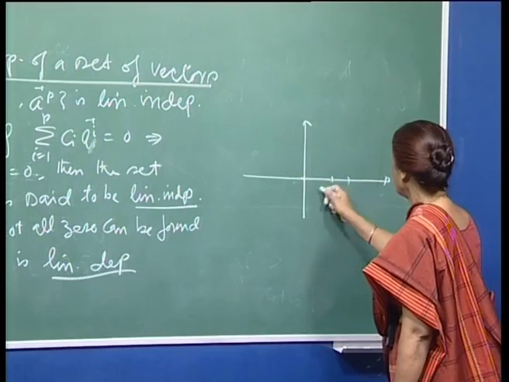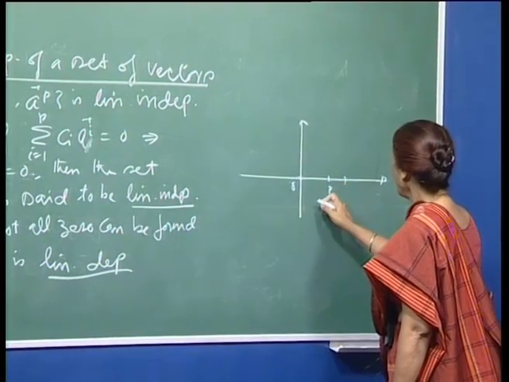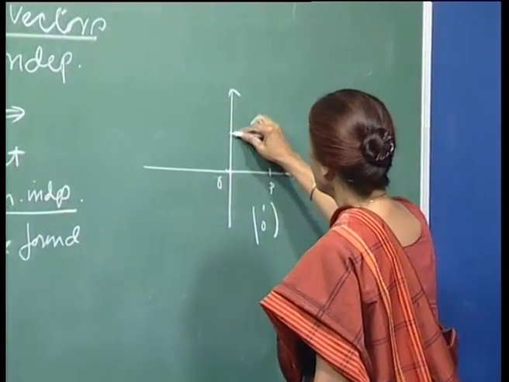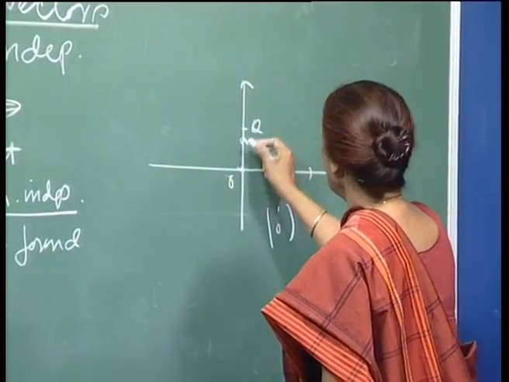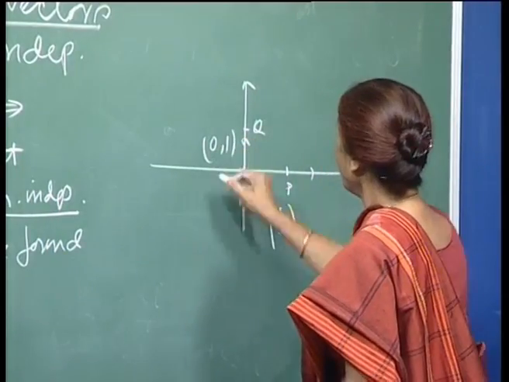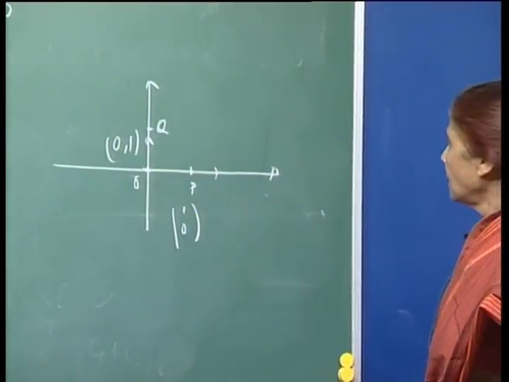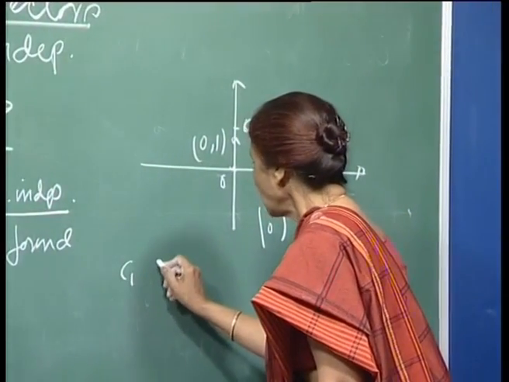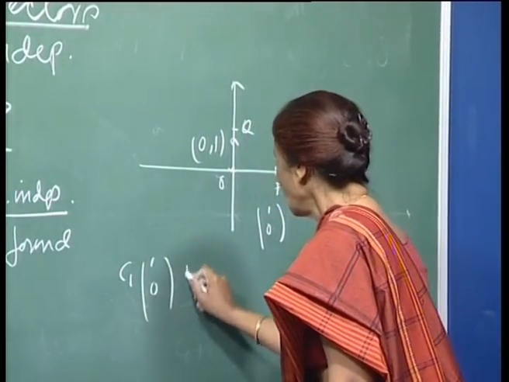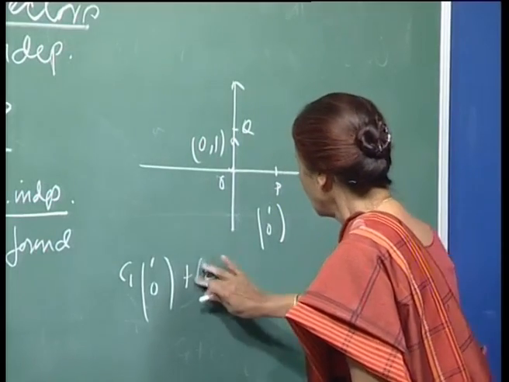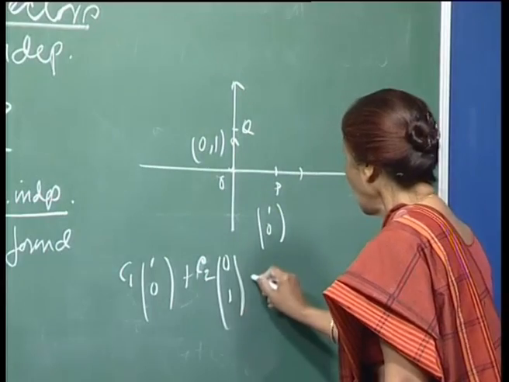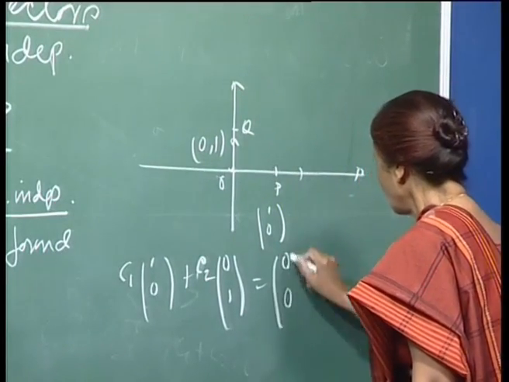I can take, let us say, a vector OP here with components 1 0, and a vector Q with components 0 1. Then a linear combination of these two vectors will be C1 times 1 0 plus C2 times 0 1, and say this is 0.